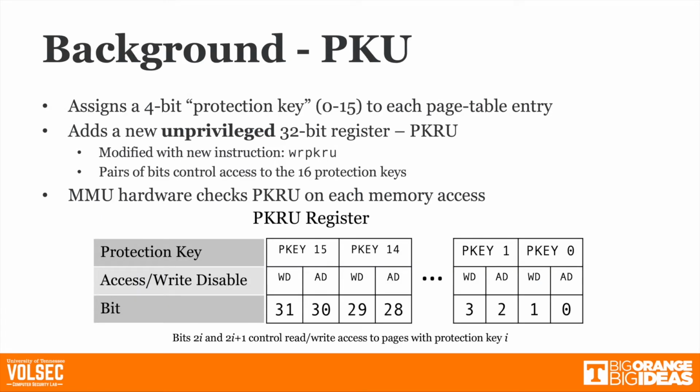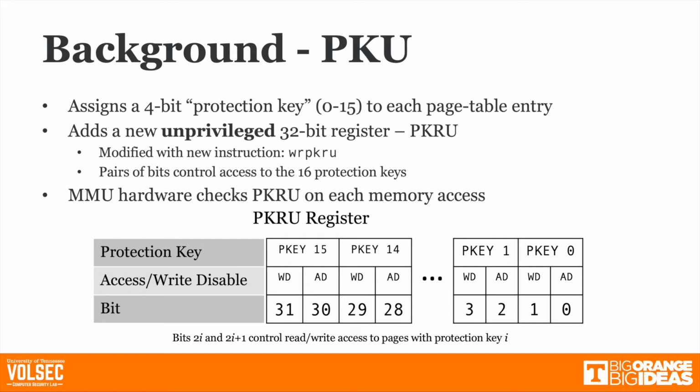First, some background on the PKU feature. It assigns a 4-bit protection key, so one of 16 values, to every page table entry, and it also adds a new unprivileged 32-bit register called PKRU. This register can be modified with a new assembly instruction, which I'll call write PKRU, and the 32 bits in this register control read and write access to the 16 different protection keys.